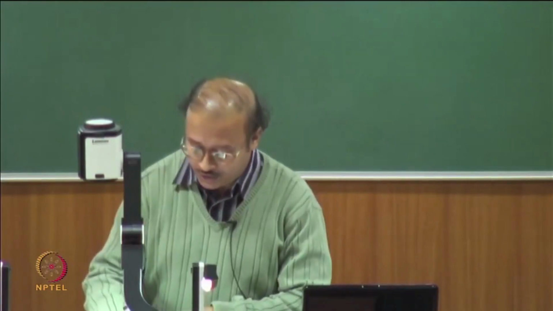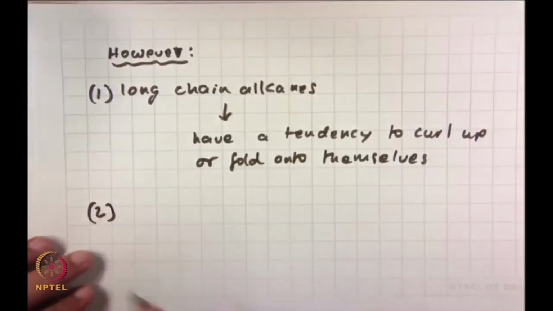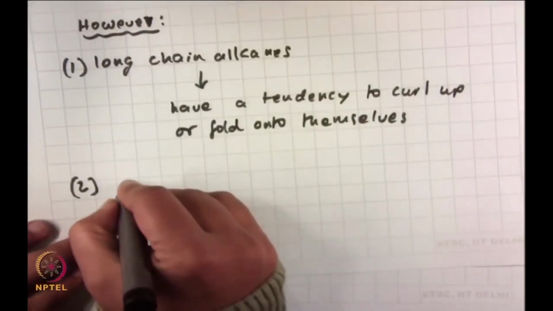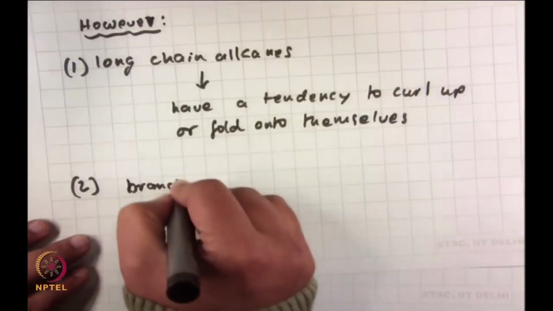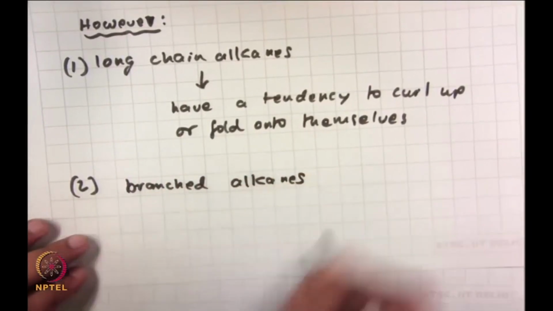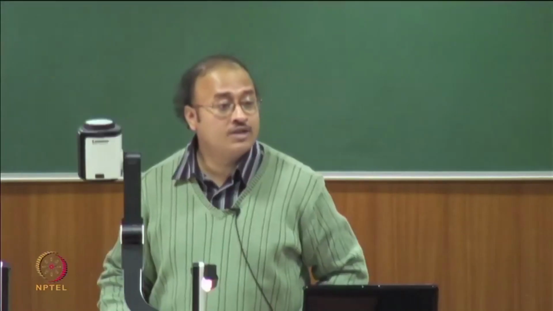And so this was one, and the other one is, what if you have branched alkanes? If you have branched alkanes, then depending upon the branching, your accessible surface area will vary.